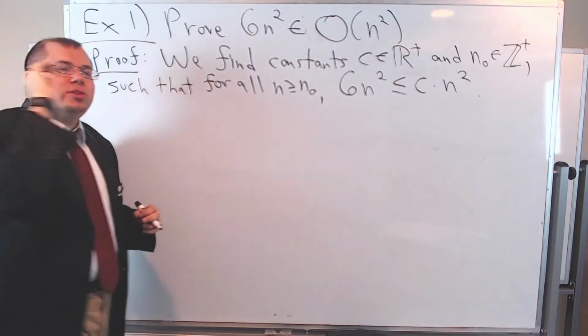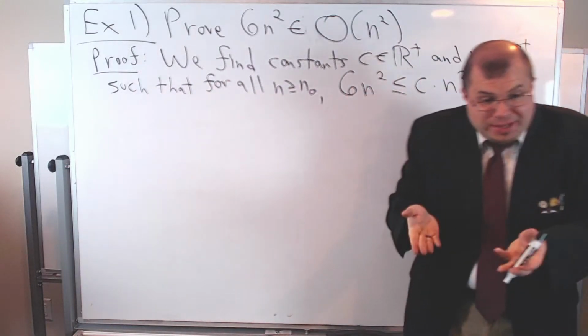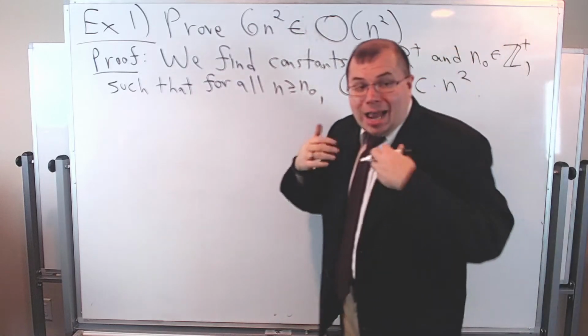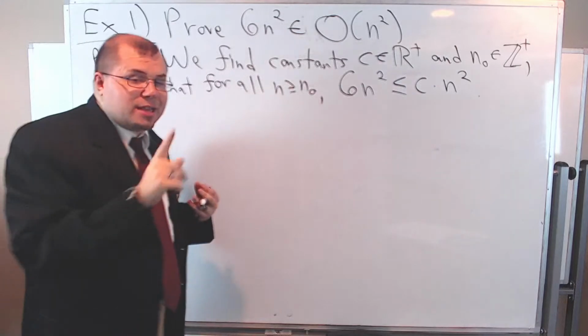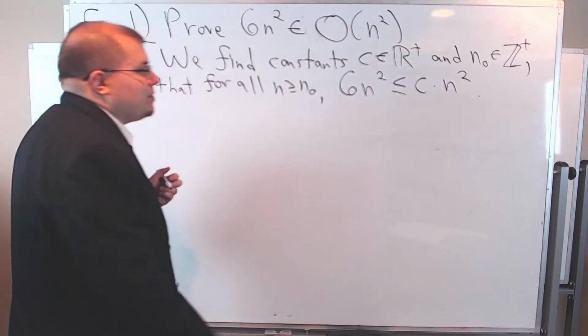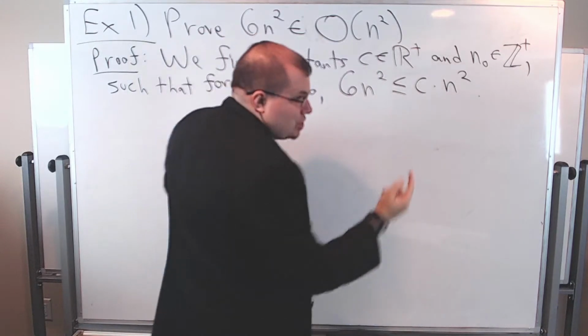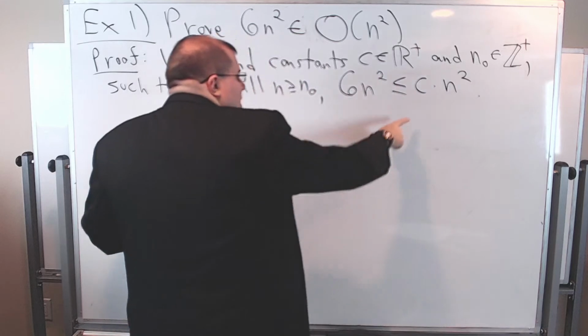Now, you could technically find n0 first if you wanted to, or you could try to find them both simultaneously by guessing and then checking. The strategy I like using, and the one I usually recommend to students, is you pick c first, then find n0 later. Why? Because oftentimes this stretches the function. It scales it, or rescales it, to be a bit more technical.